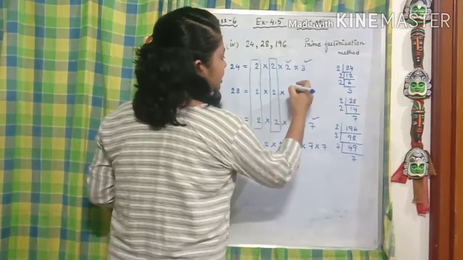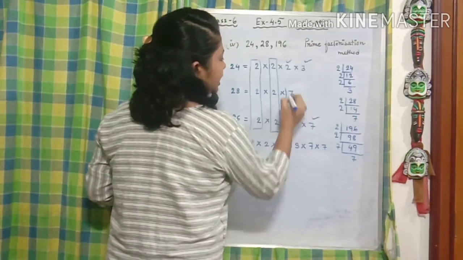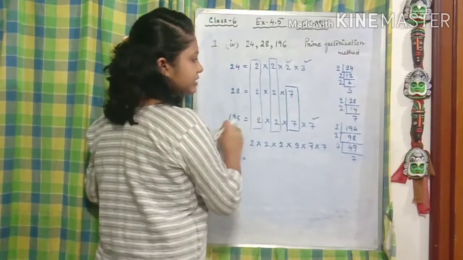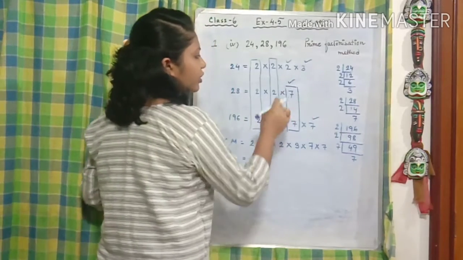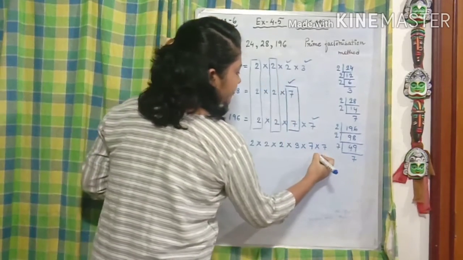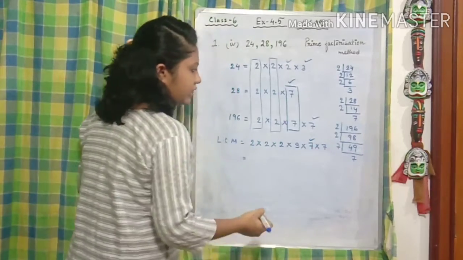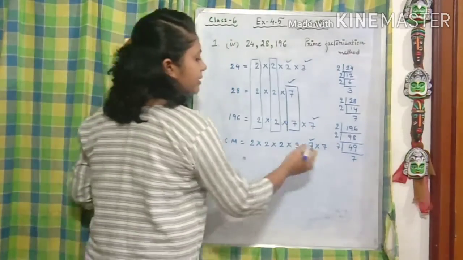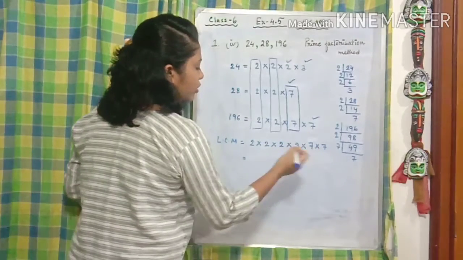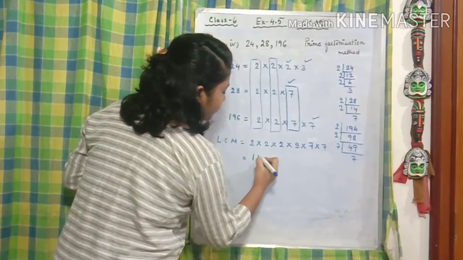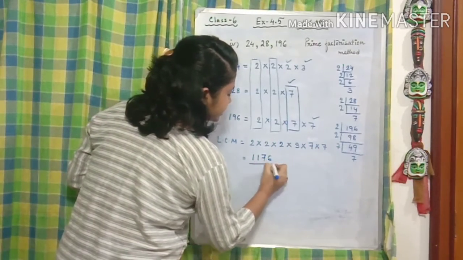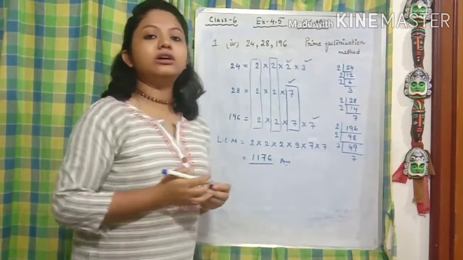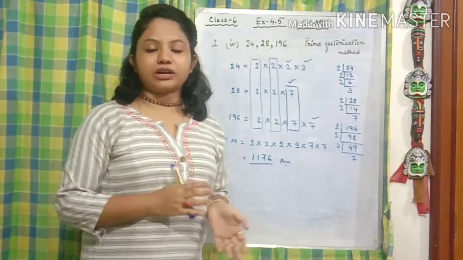There are 2 7s between 28 and 196, so from these two we are going to take 1 7. Then the last 7 has been taken out here. After multiplying all of this we get 1176, and this is going to be our answer. This is how we do the LCM via the prime factorization method.